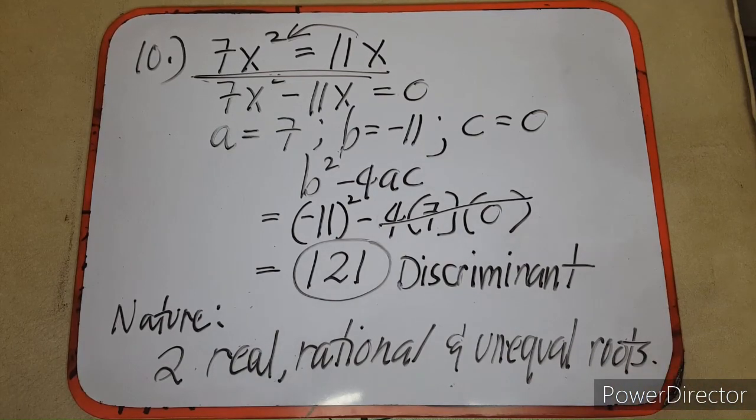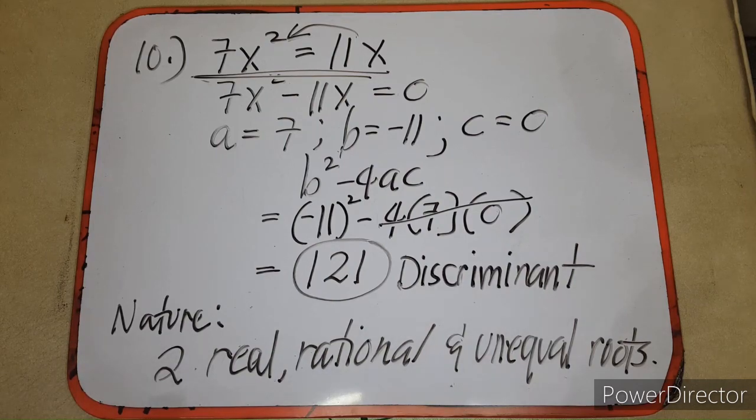So in other words, again, if you are going to solve the given quadratic equation, we'll come up with an answer as exact value. It's either the answers are whole numbers or fractions. So that's how we find out the discriminant or the nature of the roots of example number 10.